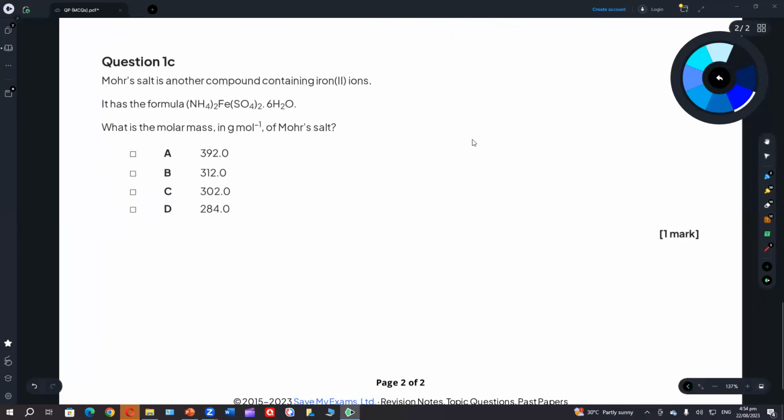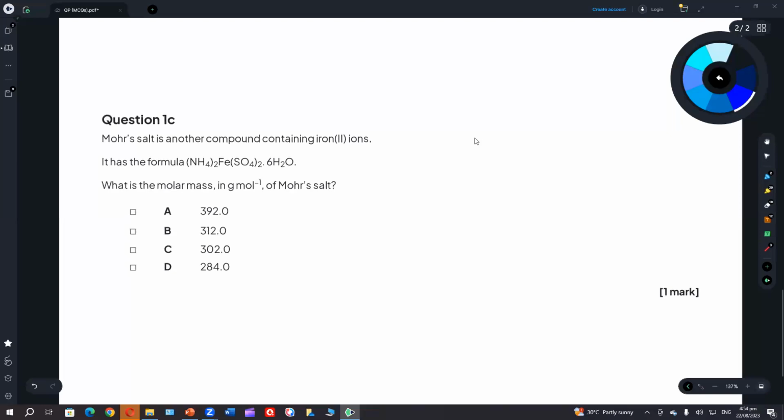Mohr's salt is another compound containing iron 2 ions. It's a hydrated form. What is the molar mass in grams per mole of Mohr's salt? Just a minute. You just start solving it.